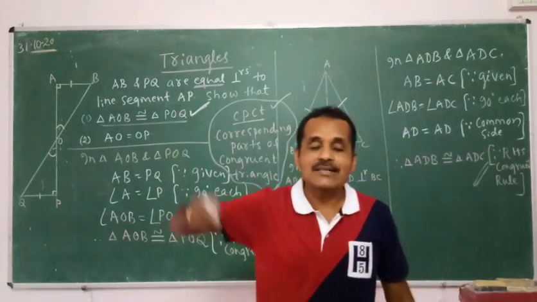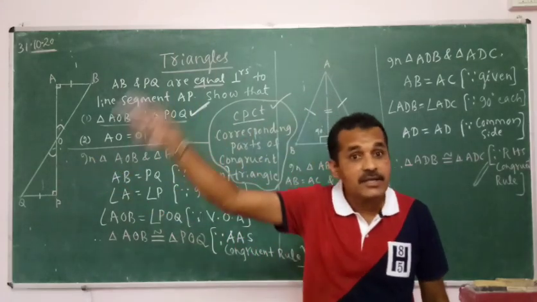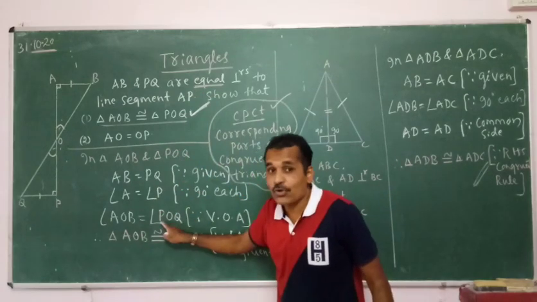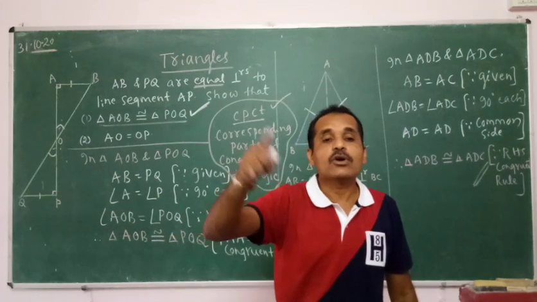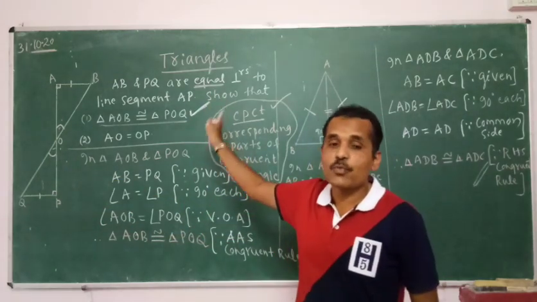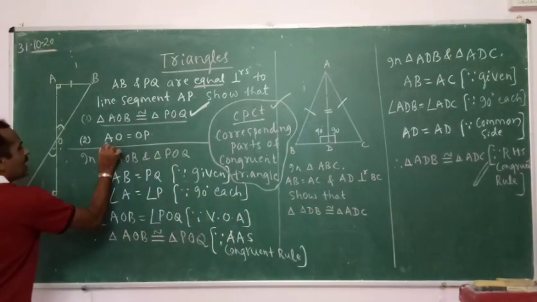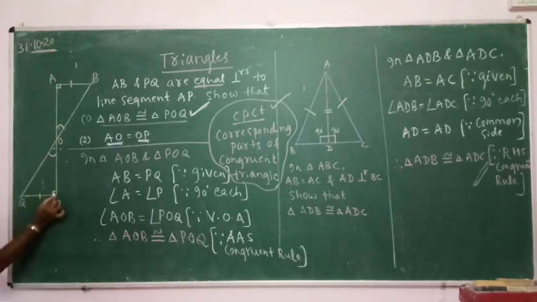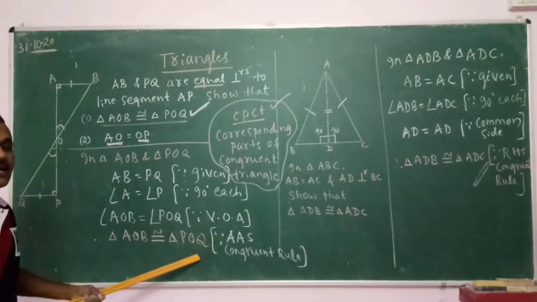Once I prove the triangles are congruent, the remaining three which I have not used in proving congruence are also equal to each other because of CPCT. Now, show that AO is equal to OP. I can say they are equal because of CPCT, since I already proved the triangles are congruent.